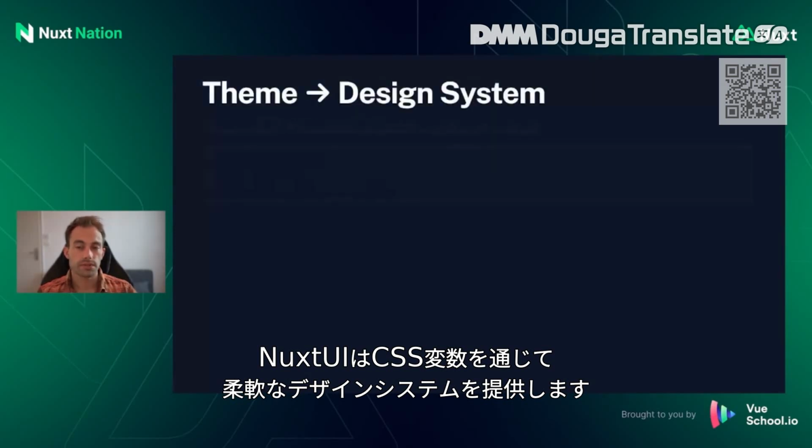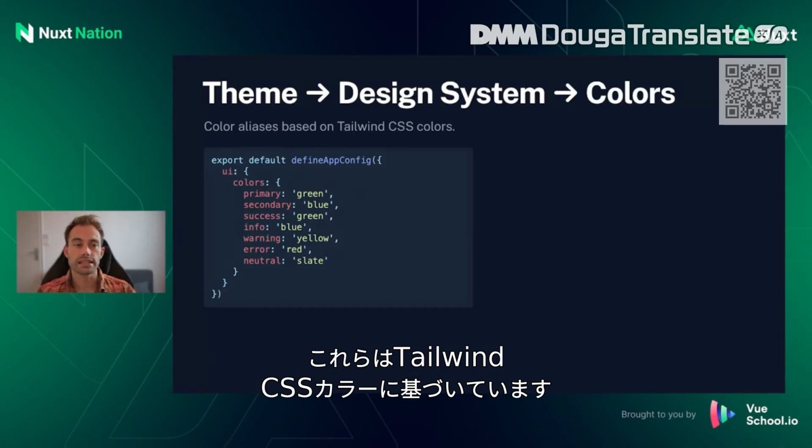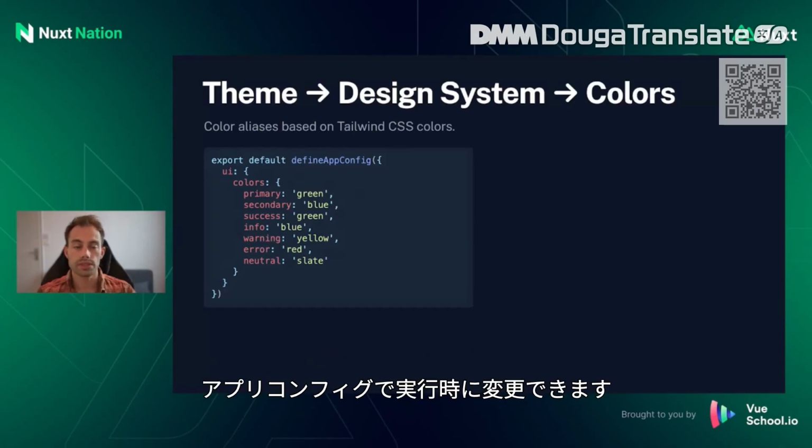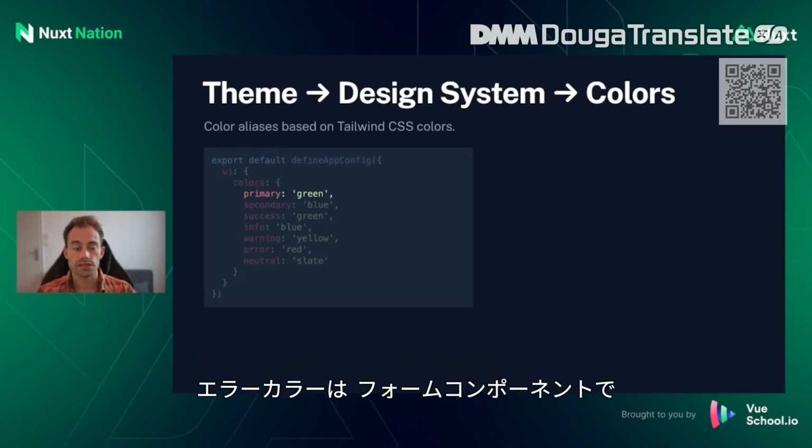Nuxt UI provides a flexible design system through CSS variables. By default, you have access to 7 color aliases based on your Tailwind CSS colors. You can change them at runtime in your app config. The primary color is used as the default color for all components.